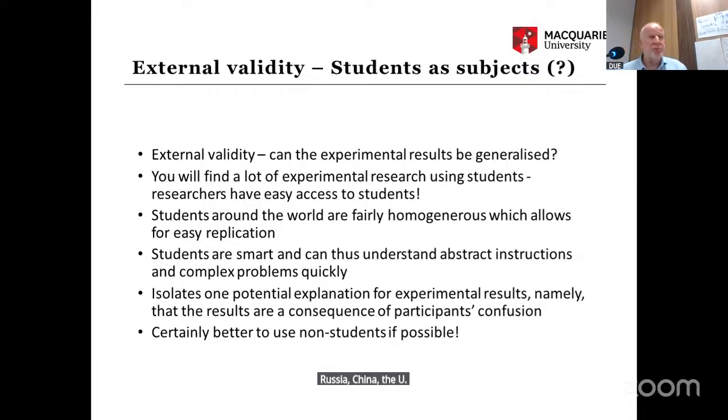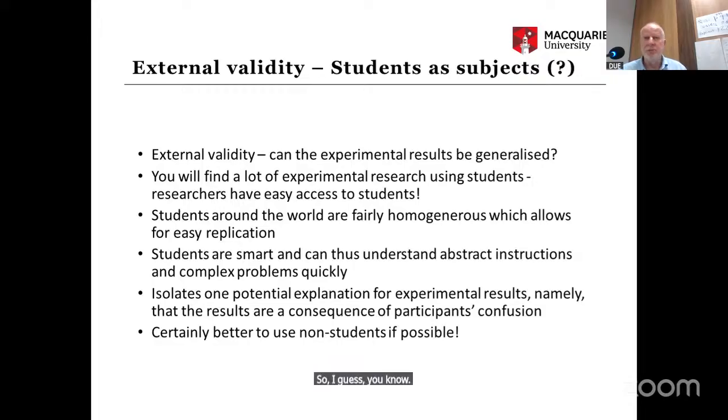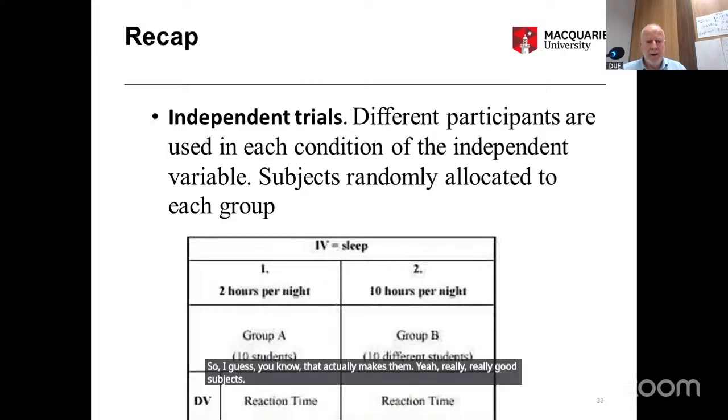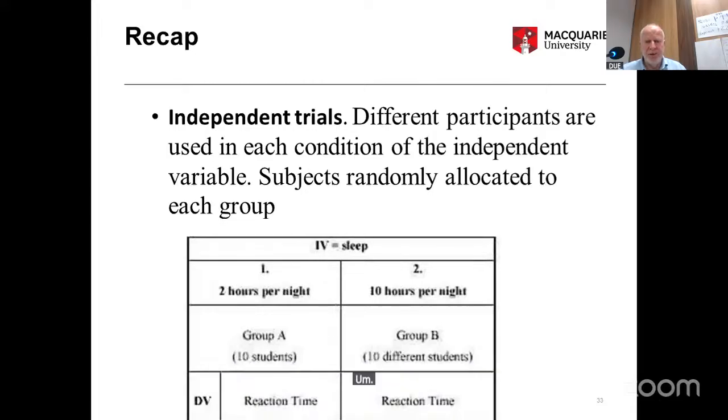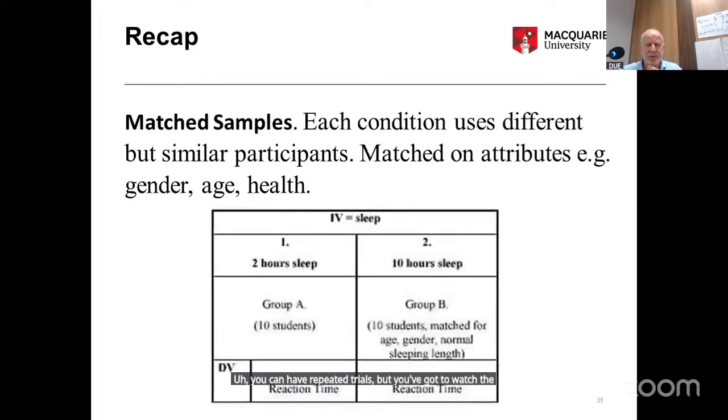And they're smart and they can understand complex situations and abstract situations. So I guess that actually makes them really good subjects. You can have independent trials with different participants in each. You can have repeated trials, but you've got to watch the order effect, and you can have a matched sample.